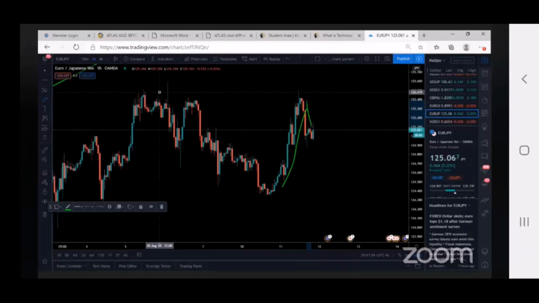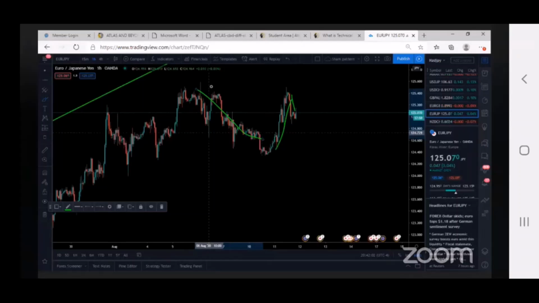But also there was this move right here as well. And if you think about my previous example, okay, so the market is going up. I'm on the hour chart. I'm looking to get in going up, because that's the direction that the market is going in.